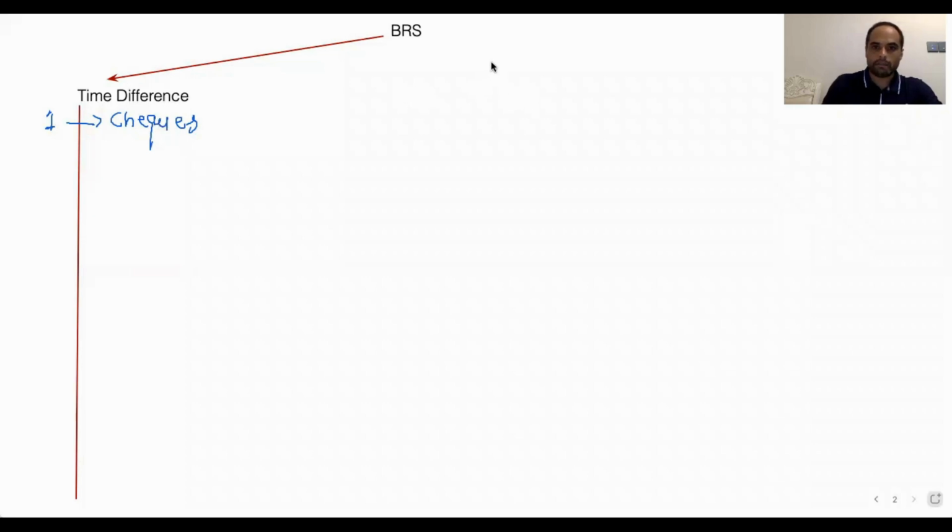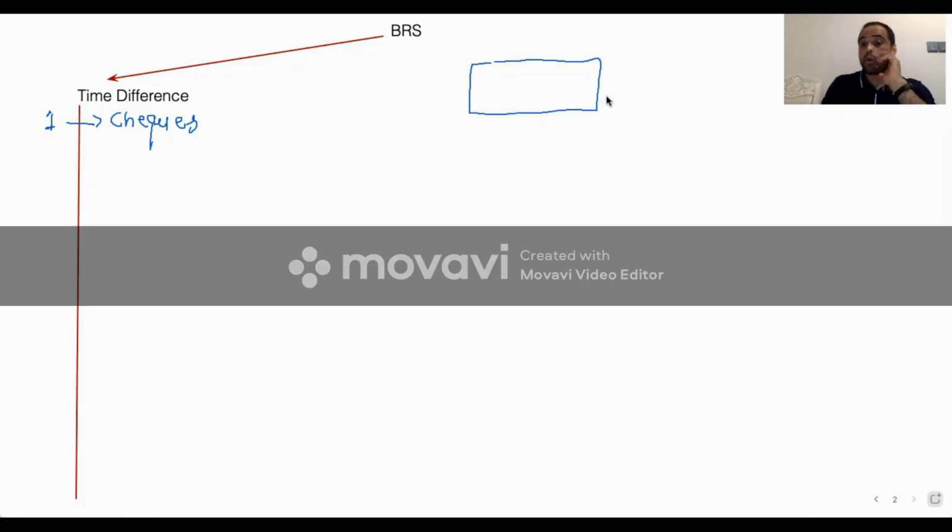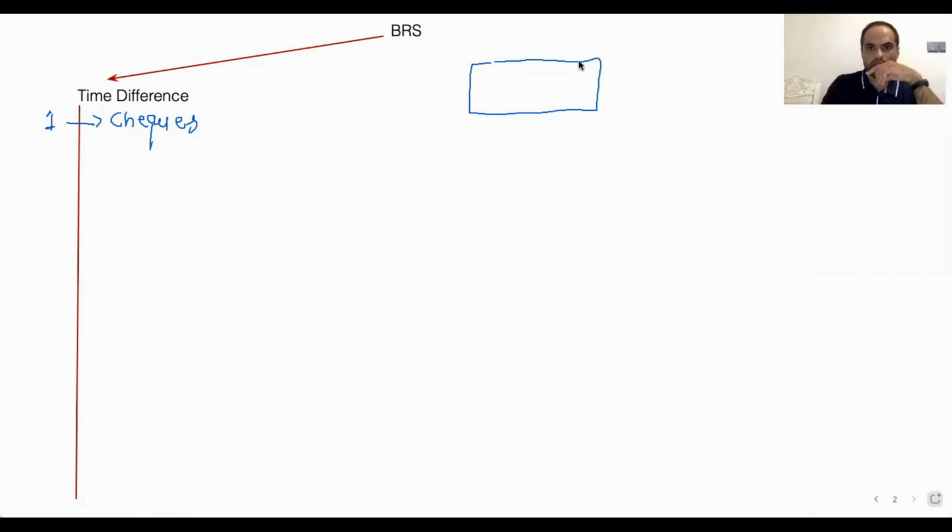A check is a piece of paper that's basically used to make payments to suppliers, to make a payment to someone else. All right. So it's just a piece of paper. It looks like this rectangle shape. And on the top, they write the name of the bank, let's say ABC Bank. And that's pay to.